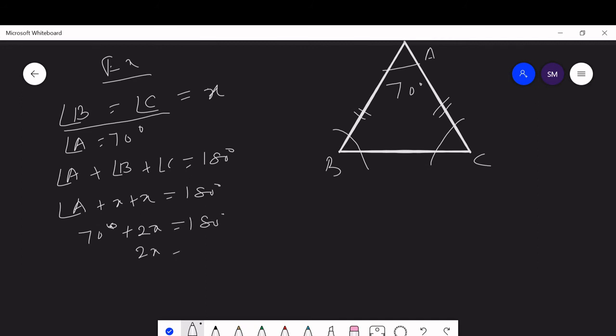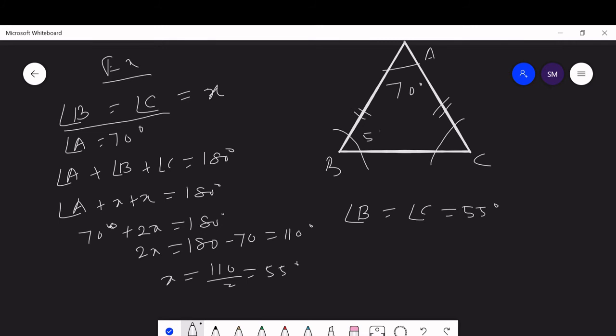Here 2x is equal to 180 minus 70, which is equal to 110 degrees. Then x is equal to 110 upon 2, which is 55 degrees. This means the measure of angle B is equal to the measure of angle C, which is 55 degrees. These two angles have a measure of 55 degrees.